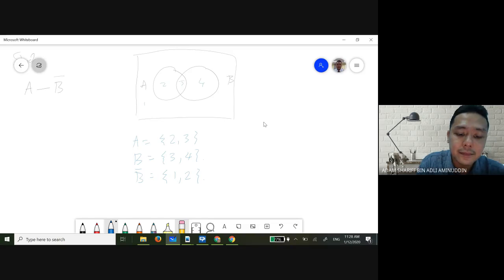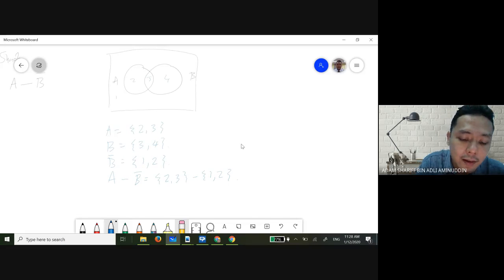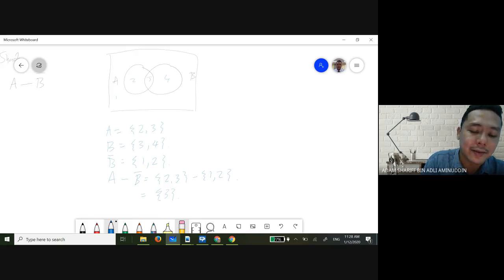Alright. So what is A minus B complement? Ialah 2, 3 tolak 1, 2. Yang ni pun ramai kena recall balik the concept of minus. So dia jadi 3. What's in A but not in B complement? It will be only 3. So region ni ialah sini.